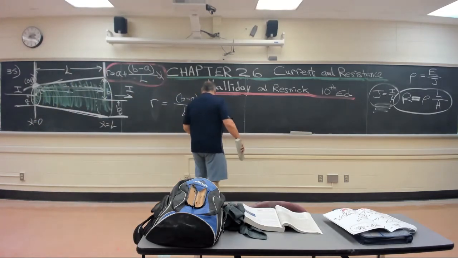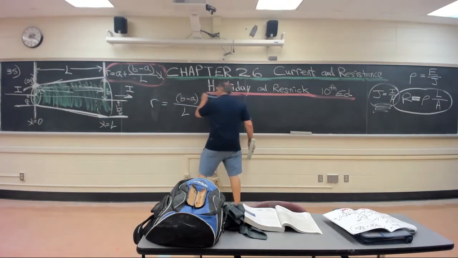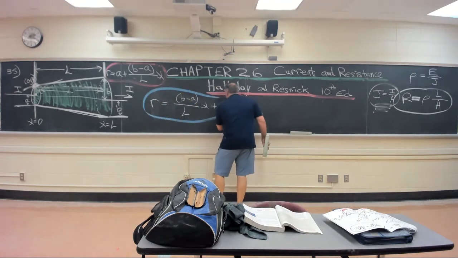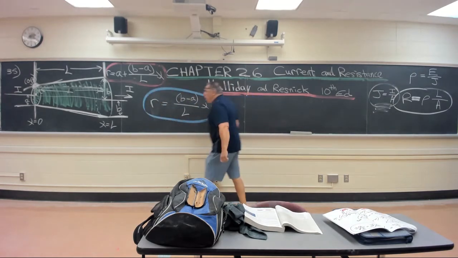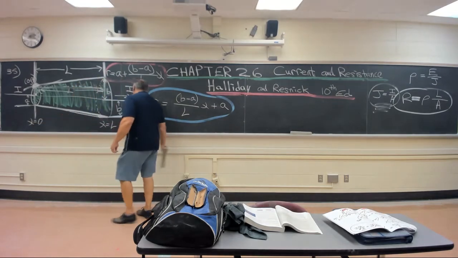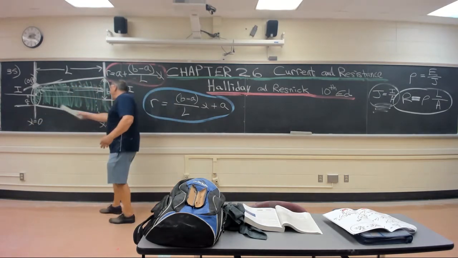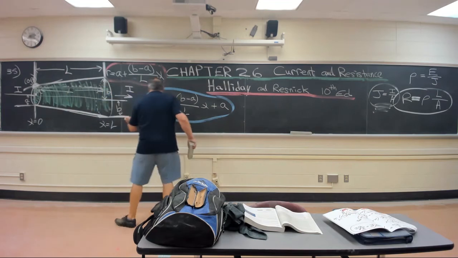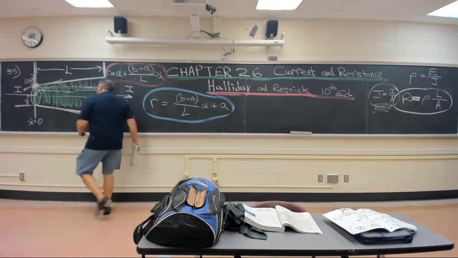Okay, so you've got this to give you a formula for R as you proceed to walk from x equals 0 to x equals L. As you walk from x equals 0 to x equals L, R is changing. How's it changing?